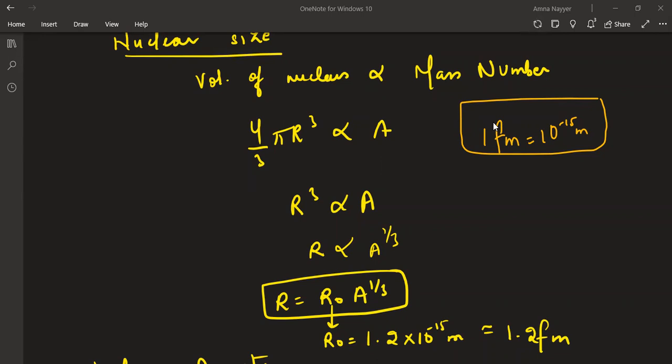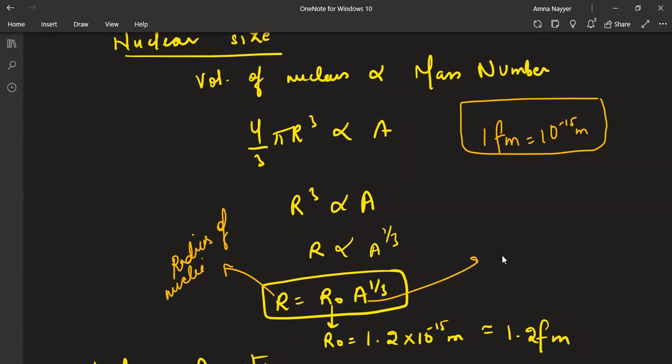The value of this constant is 1.2 Fermi meters, that is 1.2 into 10 to the power minus 15 meters. So R is the radius of the nuclei. I'll write it down: this R is the radius of nuclei.